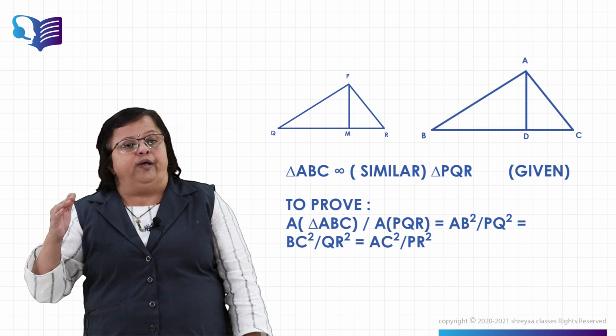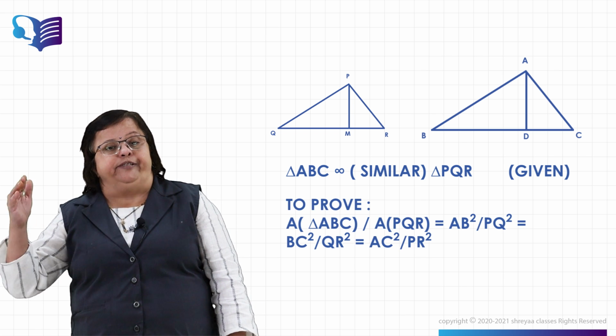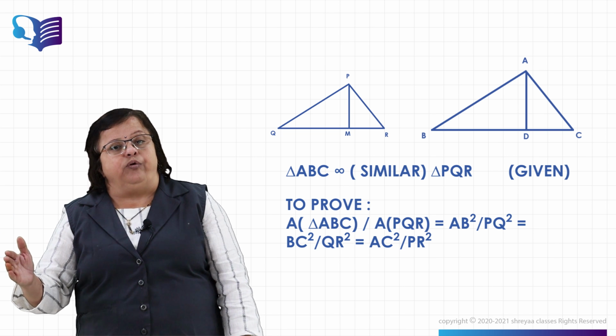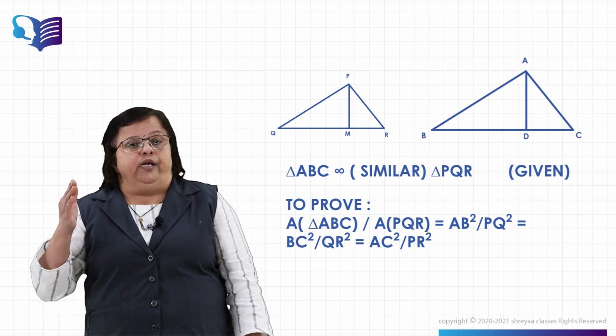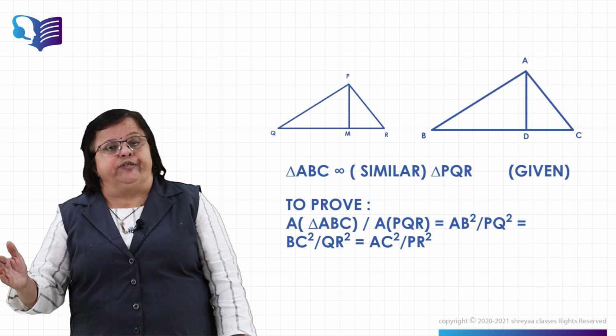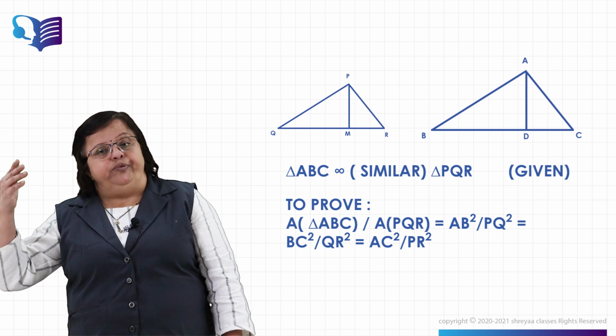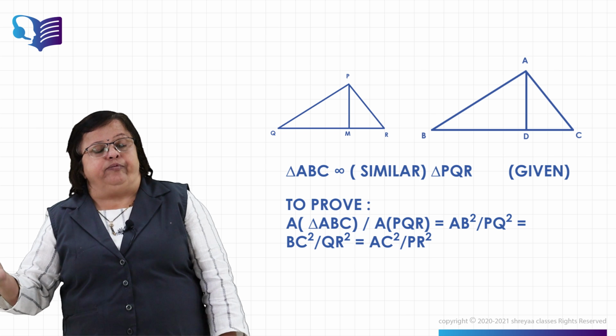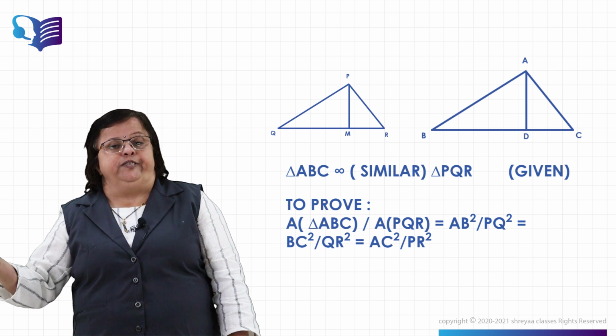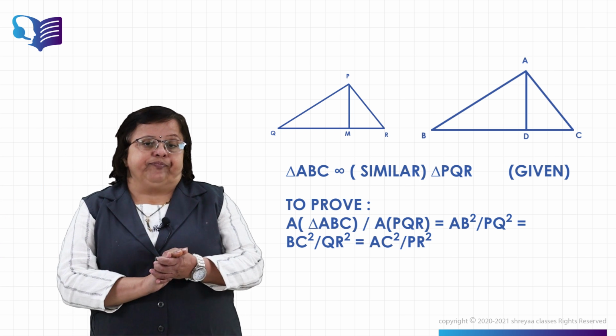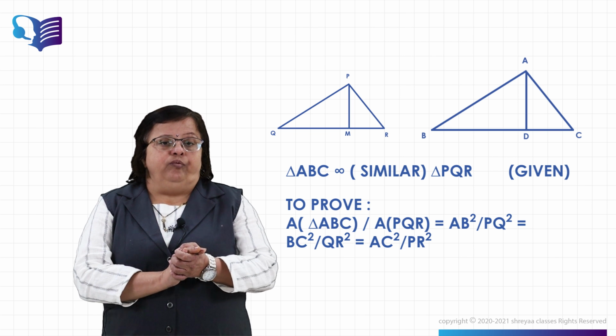And you have to prove that area triangle ABC upon area triangle PQR is equal to AB square upon PQ square is equal to BC square upon QR square or is equal to AC square upon PR square. Let us see how to prove.